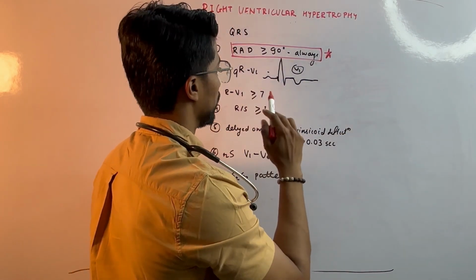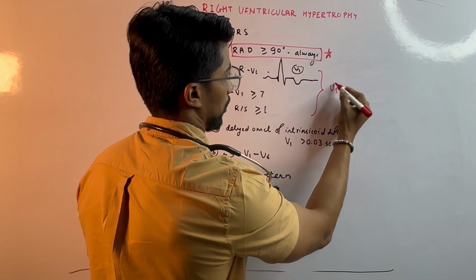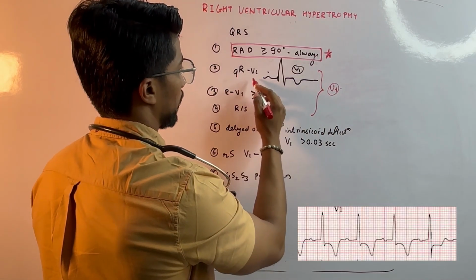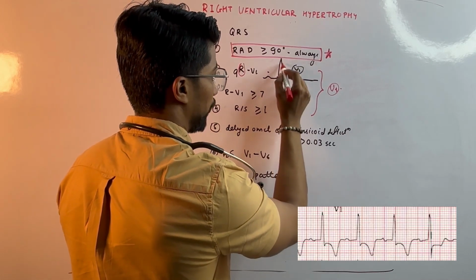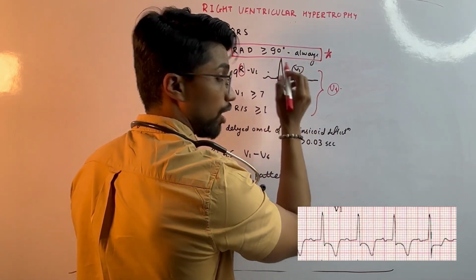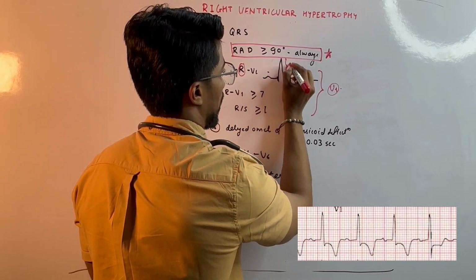Now let's understand these three points with respect to lead V1. So qR in V1, this is a capital R in V1. So the R wave in the V1 lead is going to be tall. This is your R wave.